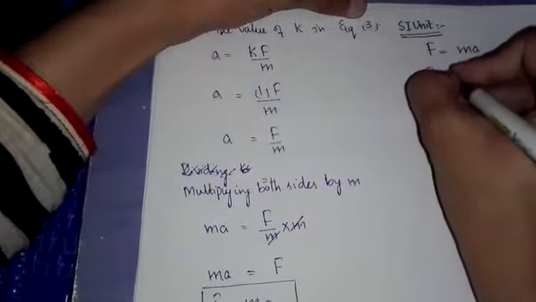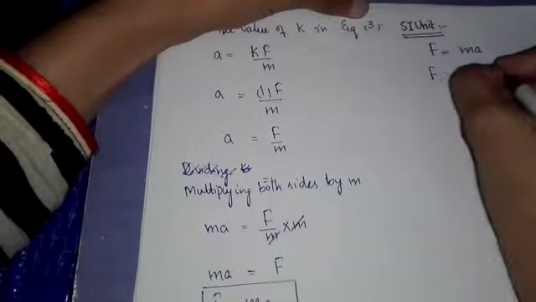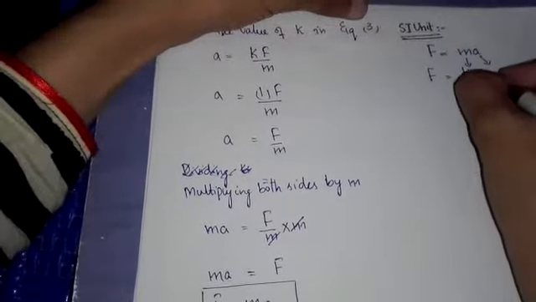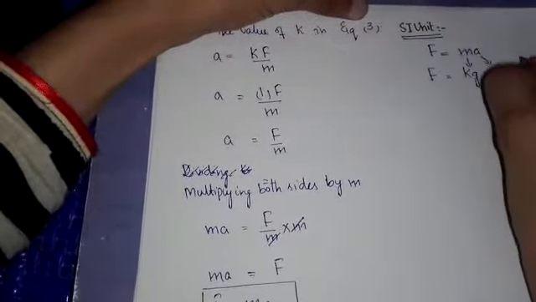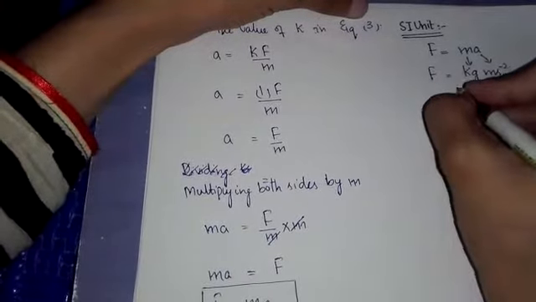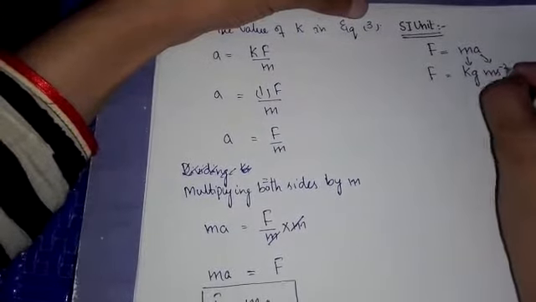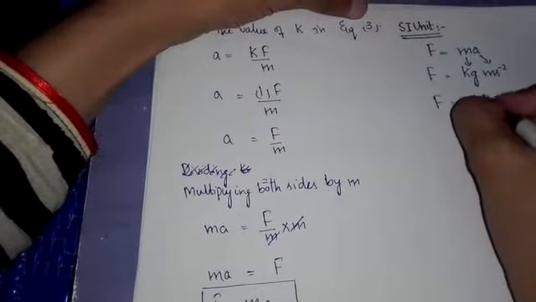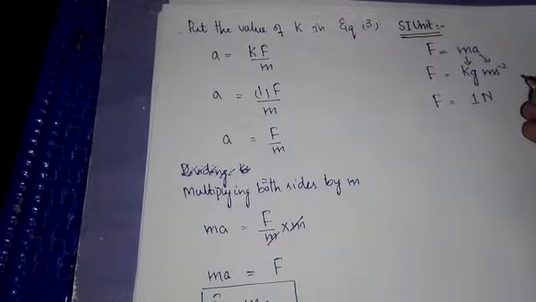The unit of m is kg and the unit of acceleration is meter per second square. So the unit of force is kg meter per second square, which is also equal to 1 Newton, right?